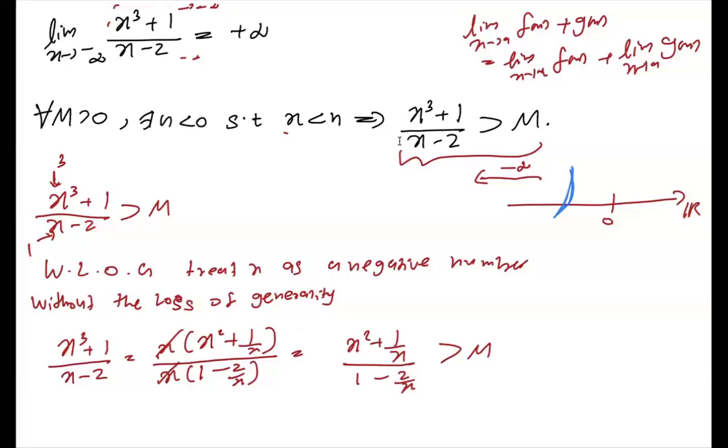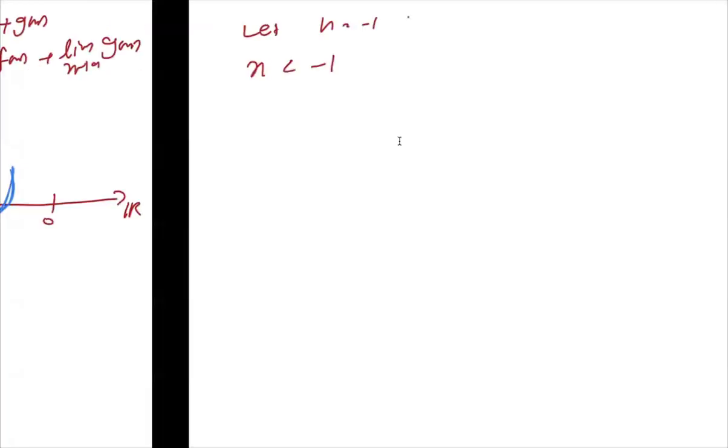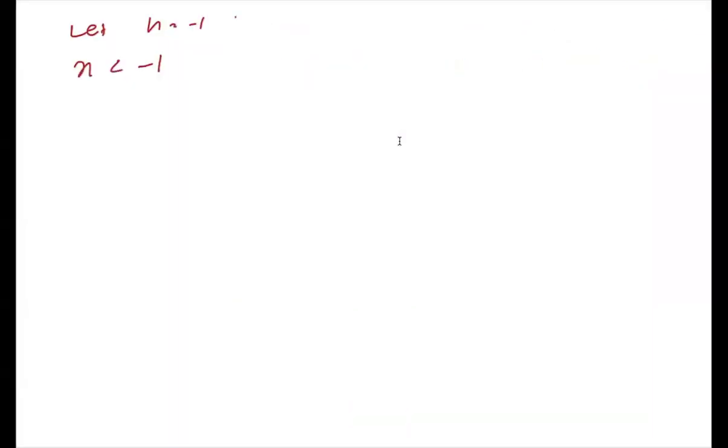What we can do, let x be less than minus 1, right? Or let's let n equal minus 1. Then x less than minus 1 implies 1 over x greater than minus 1, right?